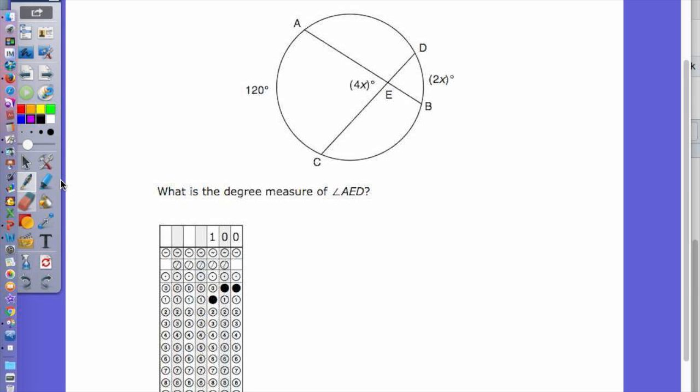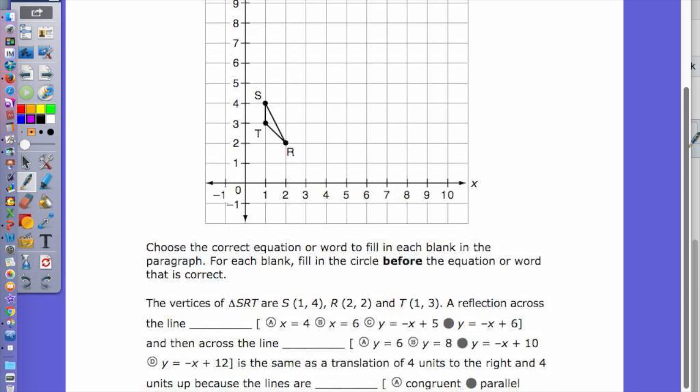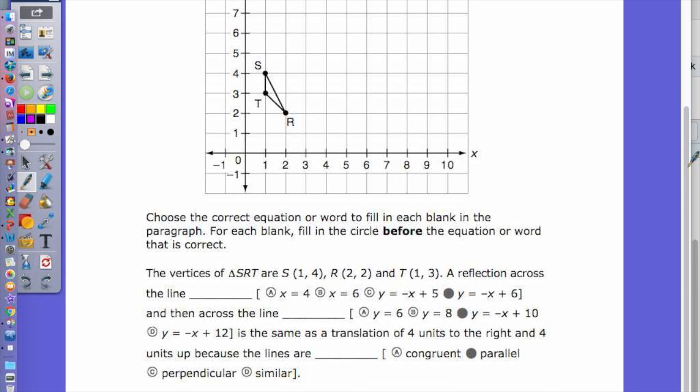Okay. For the next question. And I'm going to actually try to make my pen a little bit thinner here. Guys, I do not think you can do questions like this without starting to mark stuff up. Okay?